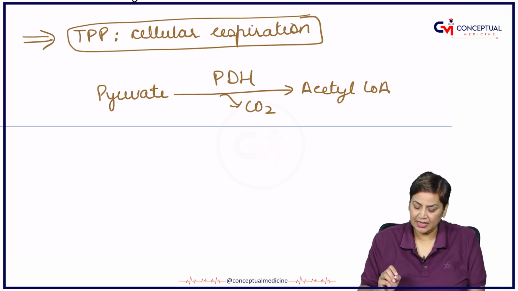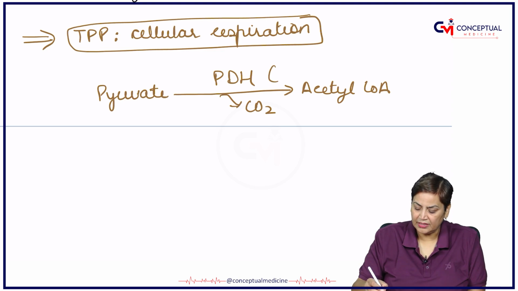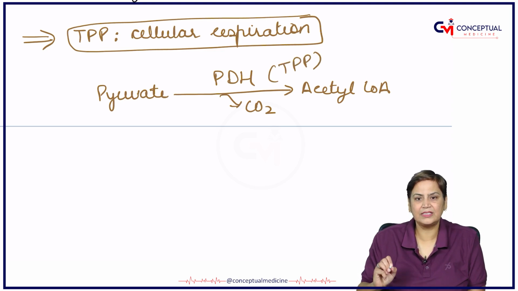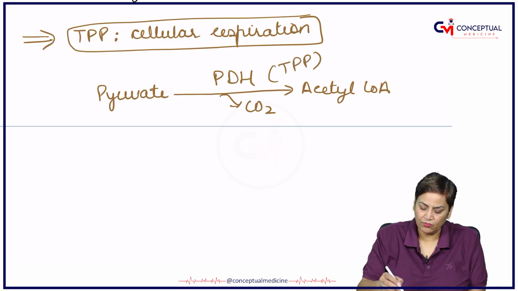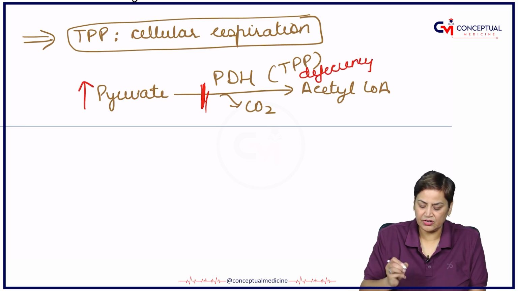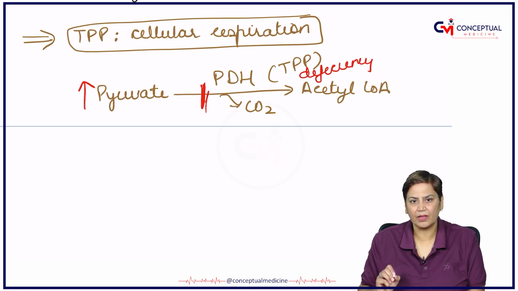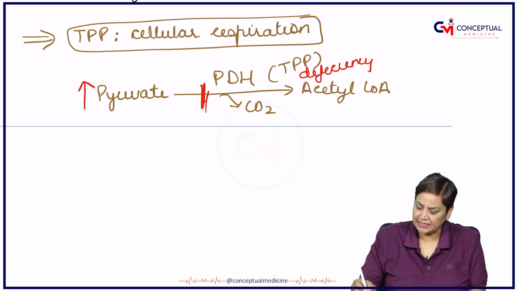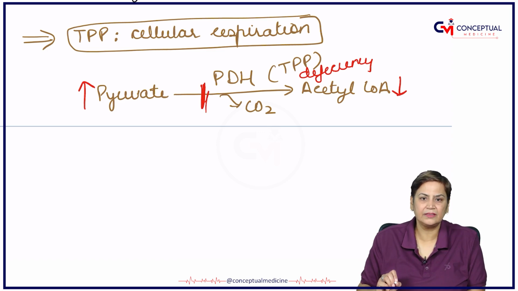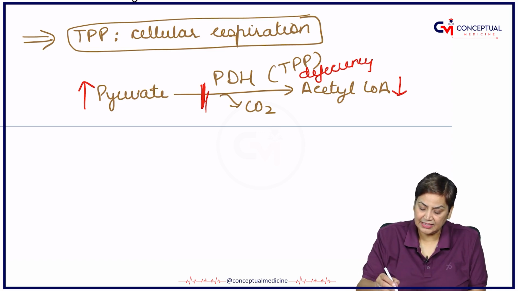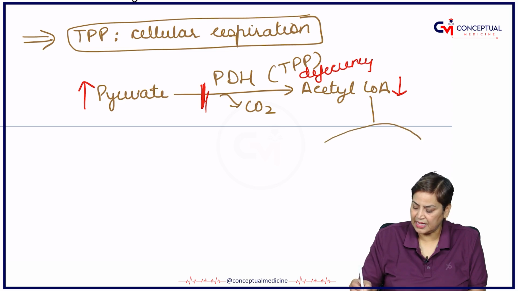Now I told you that TPP is the main coenzyme for this reaction. So what if this TPP is deficient? If there is deficiency of TPP, there will be increased concentration of pyruvate, right? So I can say acetyl coenzyme A will decrease, and this acetyl coenzyme A is required later for the TCA cycle.